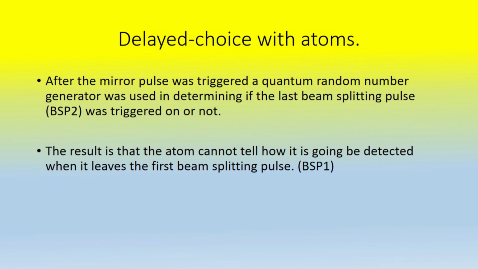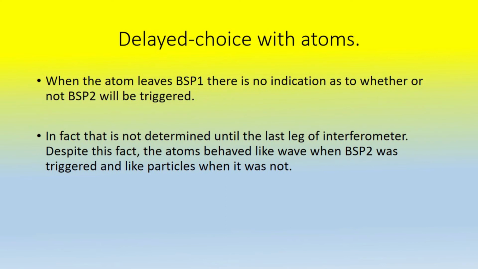The result is that the atom cannot tell how it is going to be detected when it leaves the first beam splitting pulse, BSP1. When the atom leaves BSP1, there is no indication as to whether or not BSP2 will be triggered. In fact, it is not determined until the last leg of the interferometer.